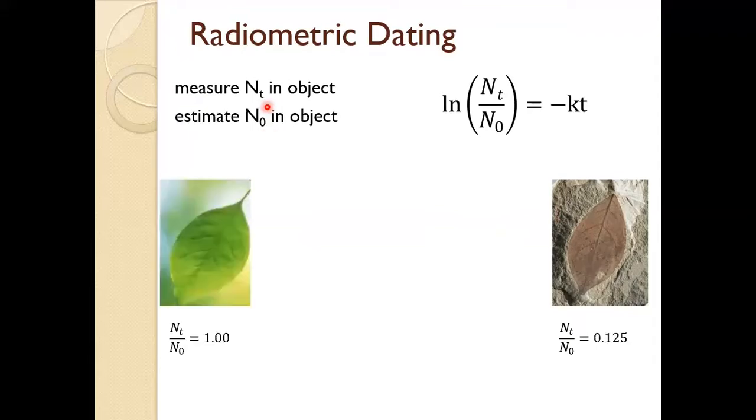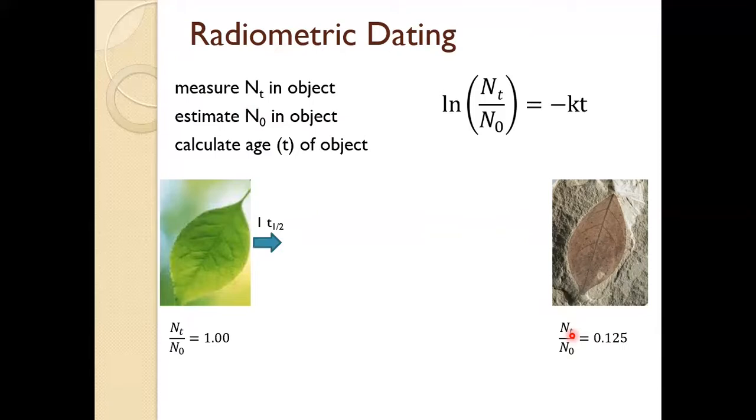And if we're able to estimate how many nuclei there were originally, so for example, if the ratio of N sub T to N sub 0 is 0.125, then we can go back in time and figure out, or at least estimate, how old this object is.